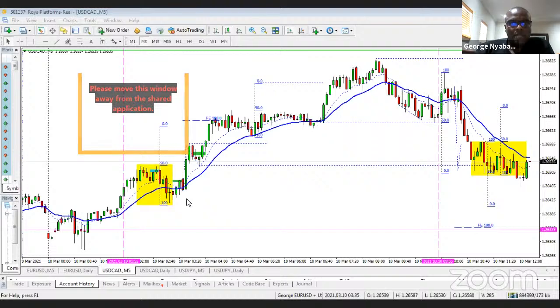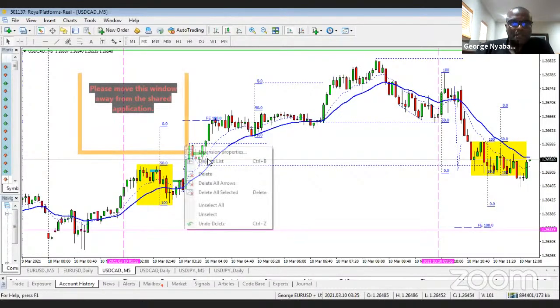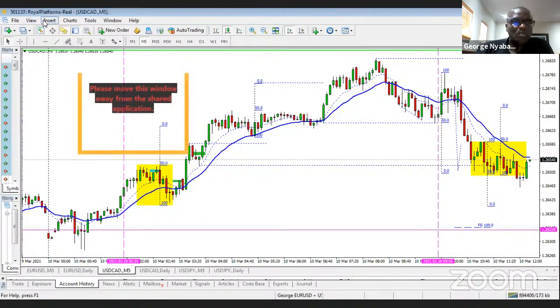So now I have my breakout, and again I'm using the same Fibonacci expansion tool. I'll delete it and show you again. I've set up the Fibonacci expansion tool.